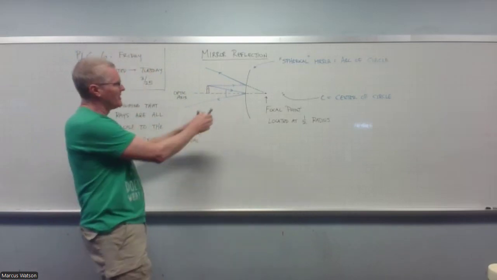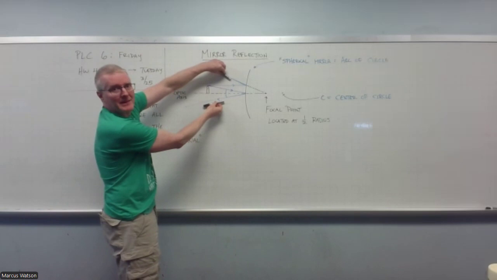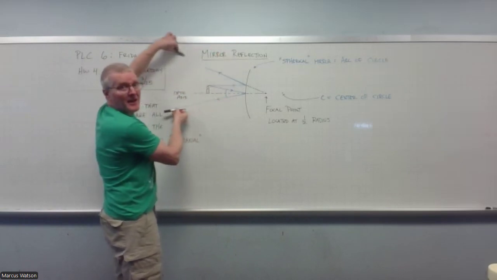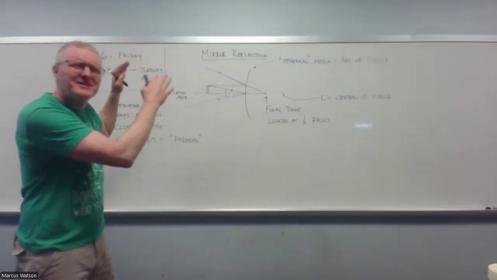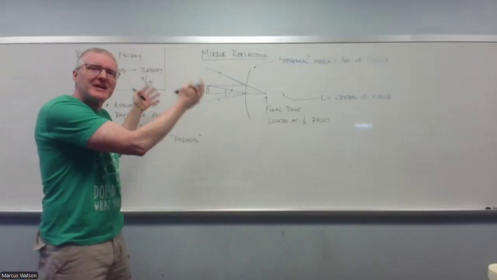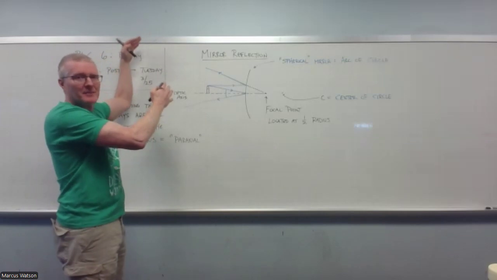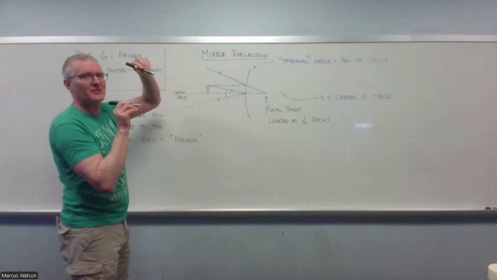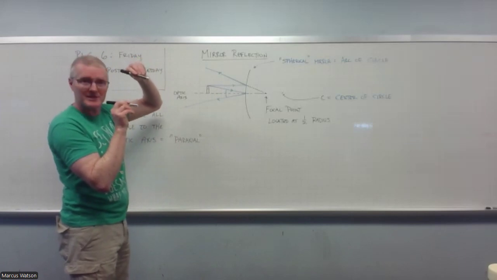Now, again, I have diverging rays that have been leaving the mirror. Remember, these diagrams are always kind of exaggerated. So if I have an eye over here and I'm looking at it, these light rays are coming into my eye and they're spreading out like this. Therefore, my brain asks, where does it look like they came from?